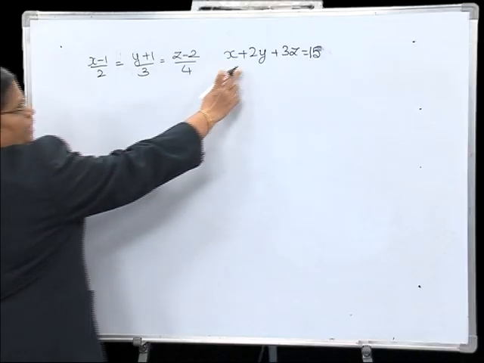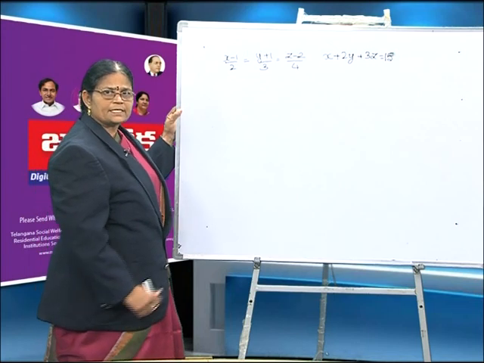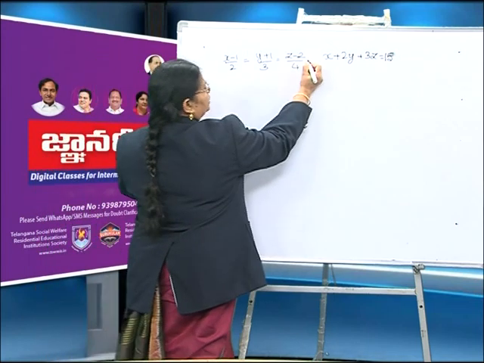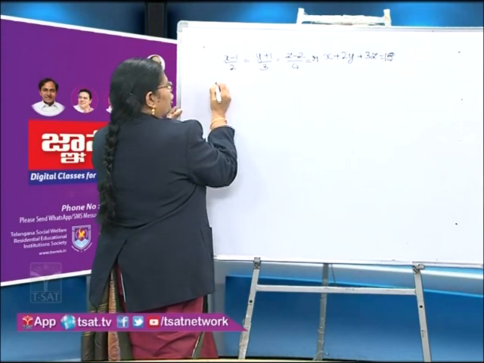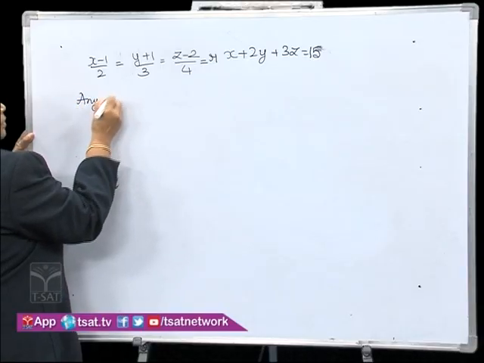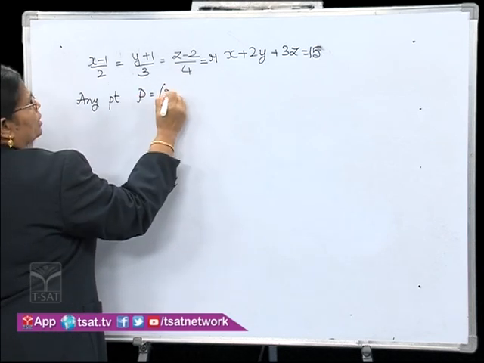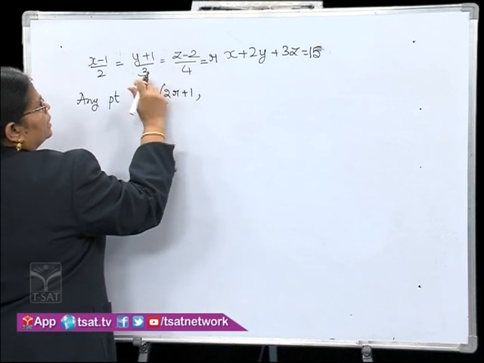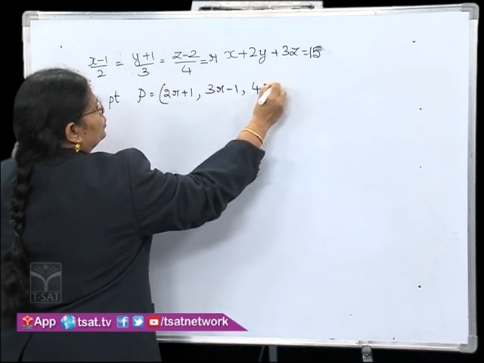If you are given the line in symmetrical form, it is easy to write any point on the line. So, if we take the ratio equal to r, we can write any point on the line. Let it be P, which is 2r plus 1, 3r minus 1, 4r plus 2.